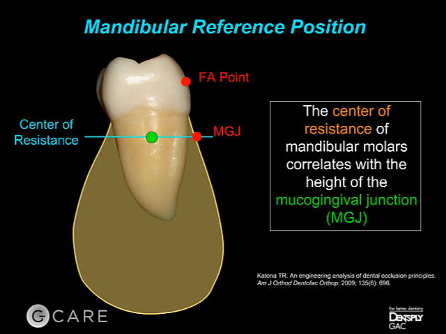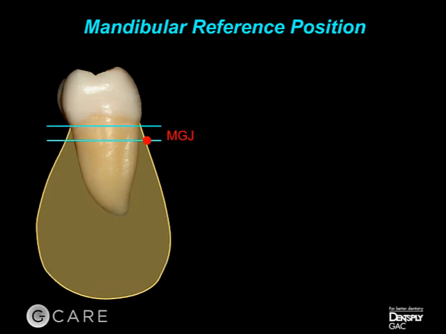Now, as we move forward with that train of thought, that article also said the center of resistance of those molars is basically going to correlate roughly with the height of the mucogingival junction. So while we can't precisely see the center of resistance of the teeth, we can see the mucogingival junction very readily inside the mouth. So what does that mean?